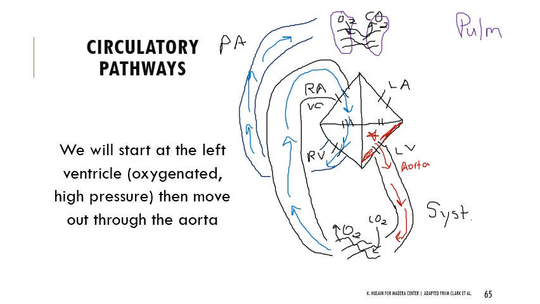So now the partial pressure of oxygen is higher, the partial pressure of CO2 is lower, and so we call oxygenated blood is going to go into that left atrium through the pulmonary veins.